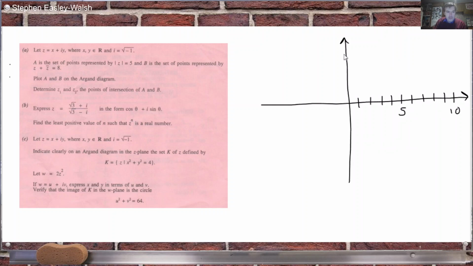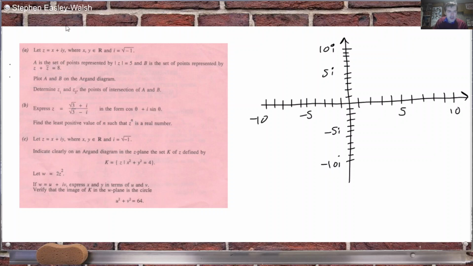And then that's 10i, 5i, 6, 7, 8, 9, 1, 2, 3, 4. And then 1, 2, 3, 4, 5, 6, 7, 8, 9, 10.